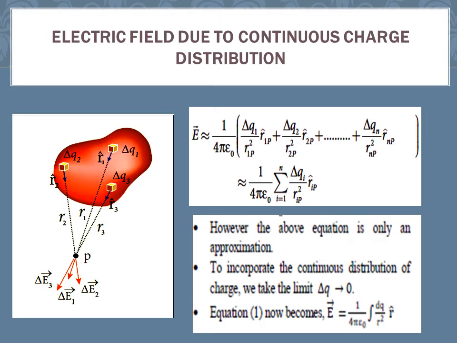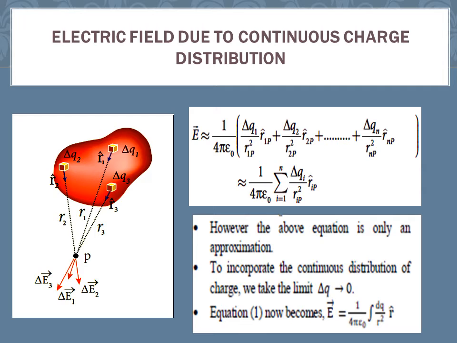That is represented as del q1, del q2, del q3, etc., and their distances are r1, r2, r3 from the point P. Similarly, the electric fields will be del E1, del E2, del E3, etc. The same concept applies which we saw in the previous slide. So E vector is approximately equal to 1 by 4 pi epsilon naught del q1 by r squared and so on, represented in terms of summation.